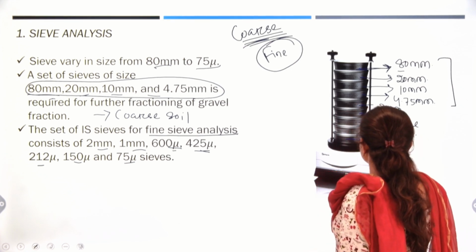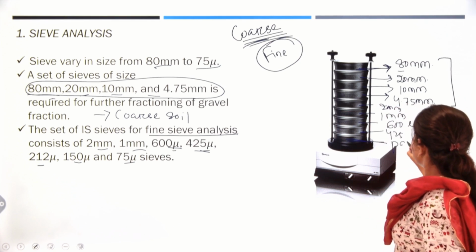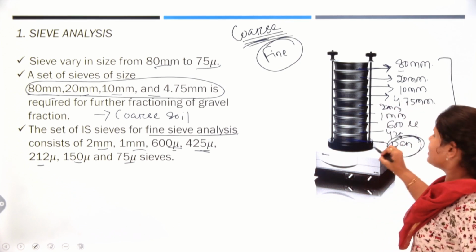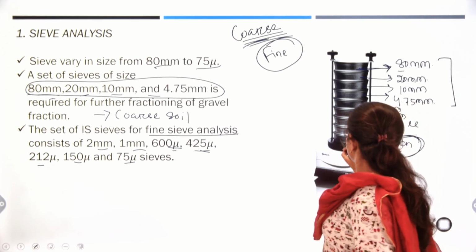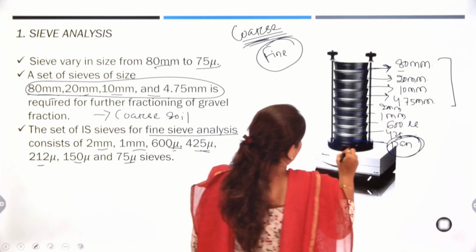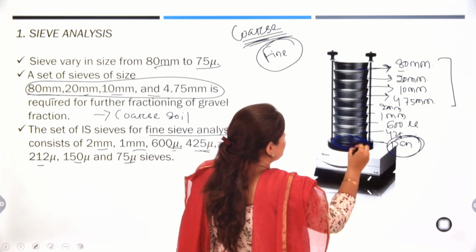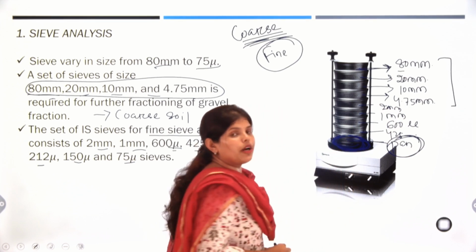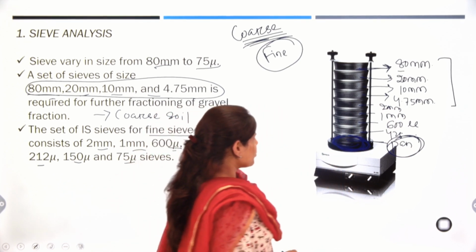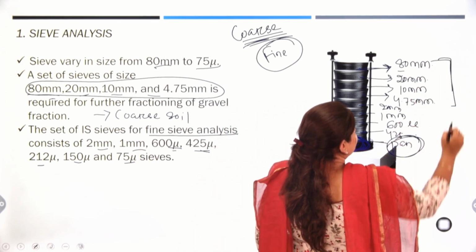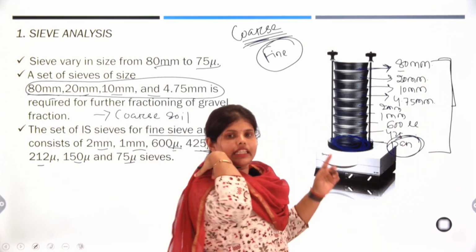Last we will put one pan. In the case of the pan, there are no pores, so all passing soil will be placed here. So we will put our sieves in this manner.